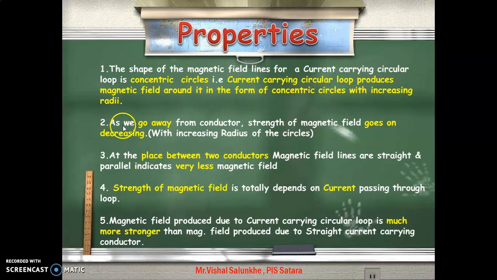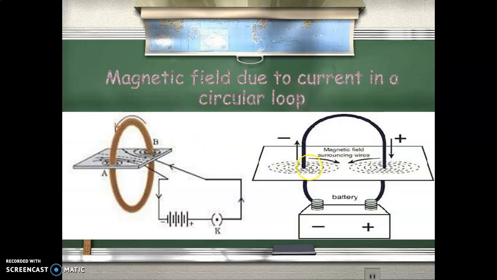As we go away from the loop, the strength of the magnetic field goes on decreasing. As we go away from the loop, the circles are increasing, means the radii are increasing. It means that the magnetic field is inversely proportional to the radius in this case. So as we go away from the conductor, the magnetic field decreases by increasing the radius.